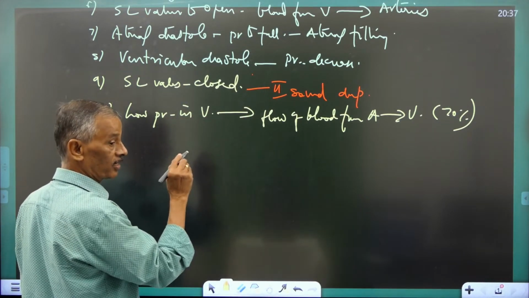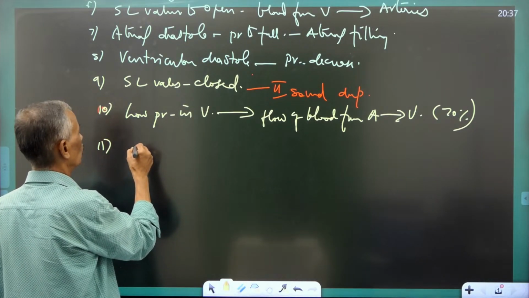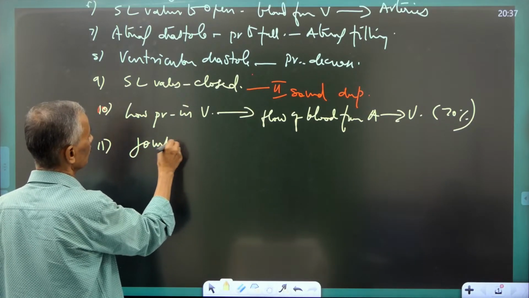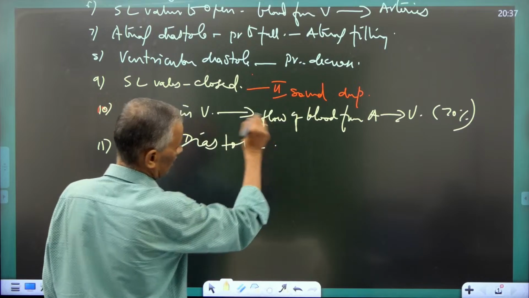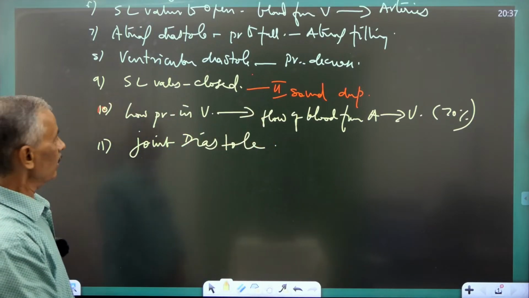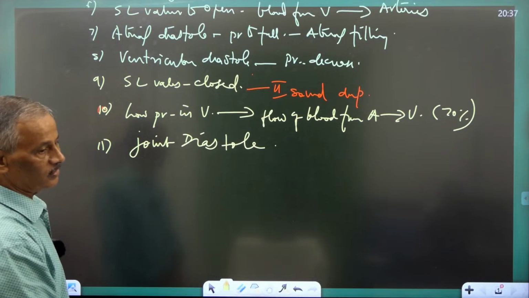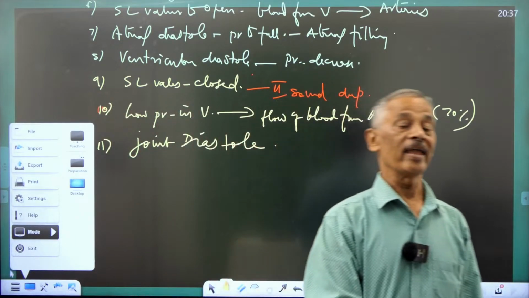So both atria and ventricle have now come back to relaxation. It is called joint diastole. We started our study of the cycle from the joint diastole stage when both atria and ventricles are in a diastolic condition.